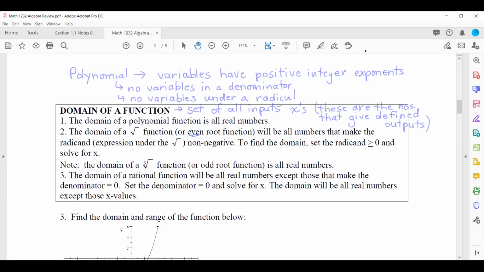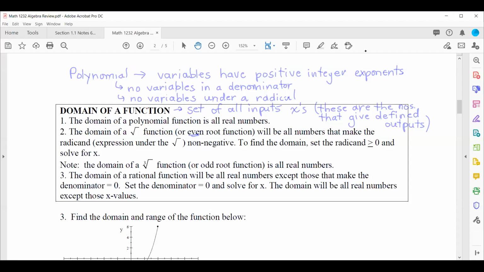You probably won't see anything other than just a square root. But for that type of function, we can only put numbers under the radical that are non-negative, because square roots of negative numbers are not defined in the real number system. And we will only be working in the real number system.